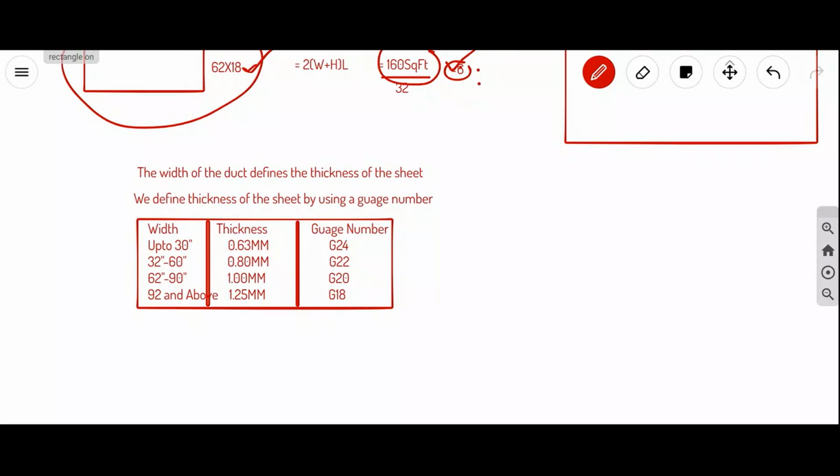It vibrates and basically creates a lot of sound. When does the width increase? When we have a higher volume of air inside the duct, the width also increases. So with a higher volume of air the thickness also has to be thicker so that it won't create that sound. That is the reason thickness of the sheet is required.